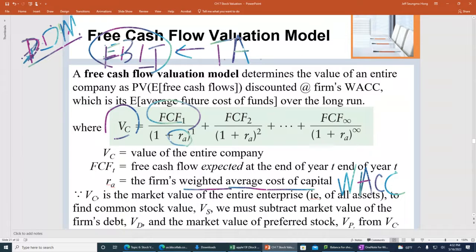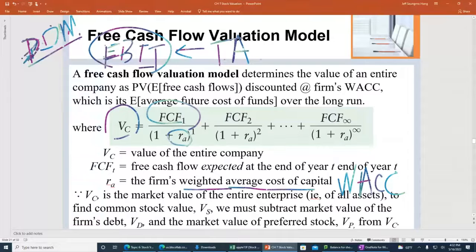So basically, the size of the total assets determines the company's production capacity, right? EBIT and free cash flow are not exactly the same thing, but think about it.